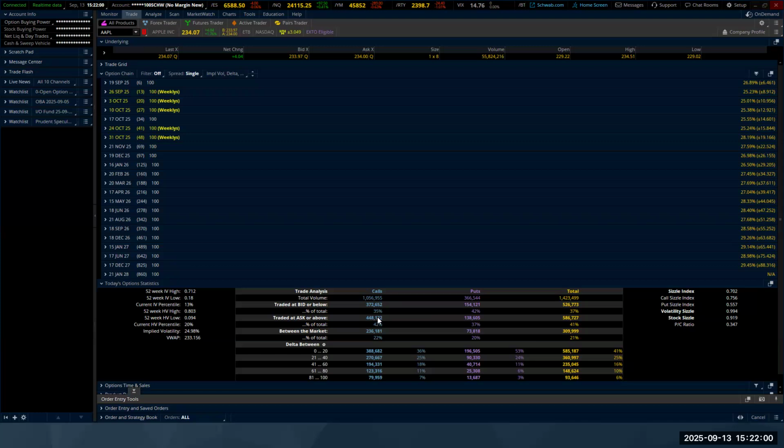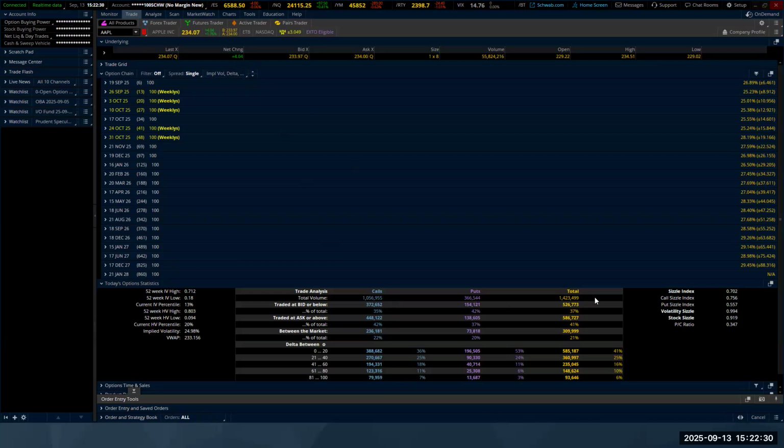This basically means there were more, let's call it market orders for buying Apple calls than there were perhaps limit orders at the bid. Somebody was selling at the bid, somebody was buying at the ask. But when you have more trading at the ask or above than at the bid, something tells me that people were paying up, and it kind of makes sense that the stock was up $4.